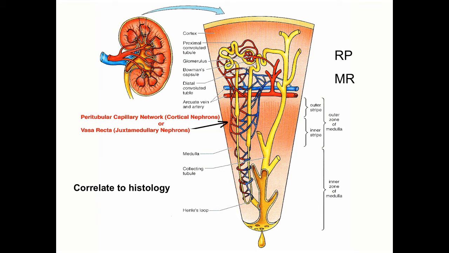And I can roughly define for you a renal pyramid as a structure that has its base along the boundary of the cortex and medulla, like so, with the apex roughly like so, pointing into the deep part of the medulla.